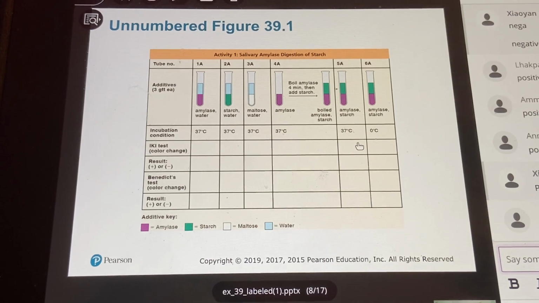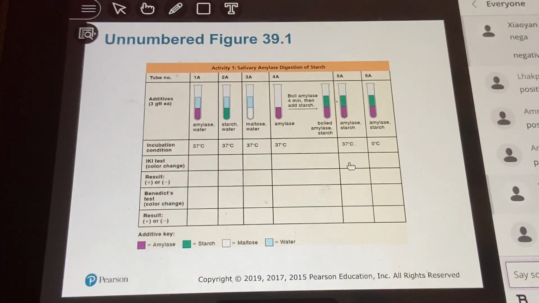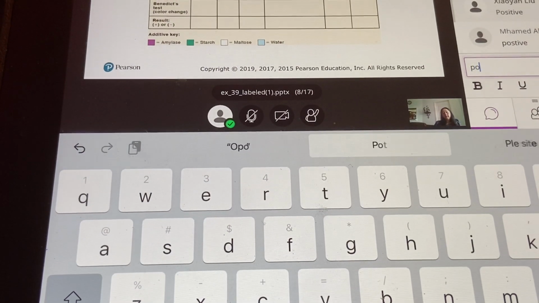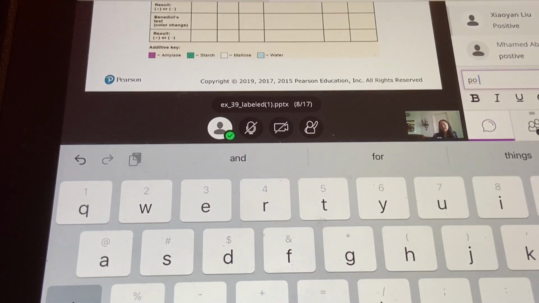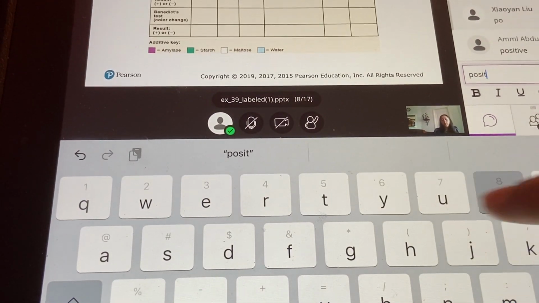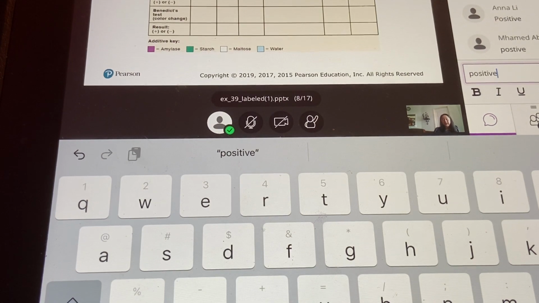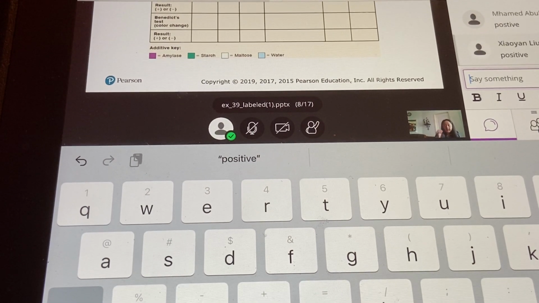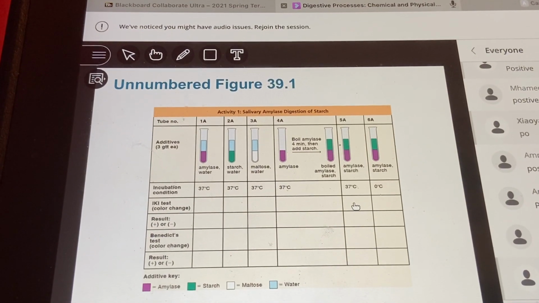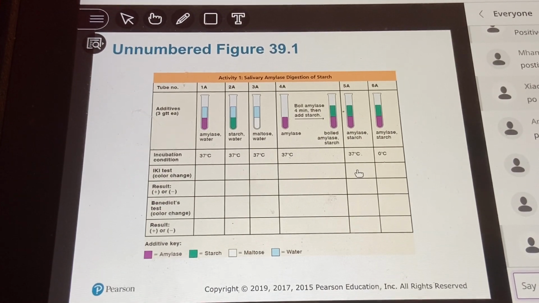What about here? 37 degrees Celsius, amylase and starch. There is an enzyme, there is starch, and a very good temperature. It should be positive? The temperature is good, the amylase is there, and the starch.